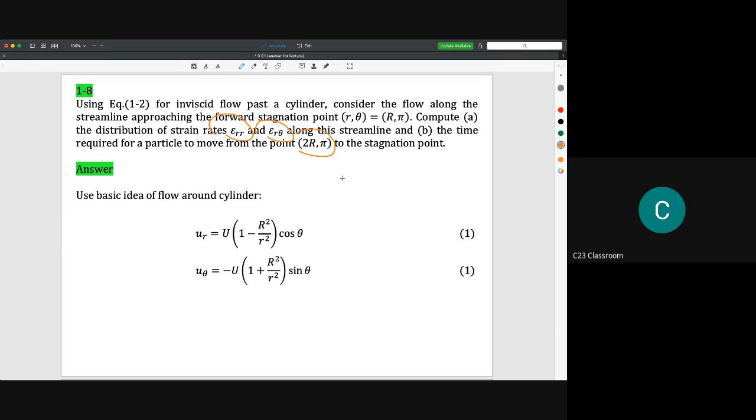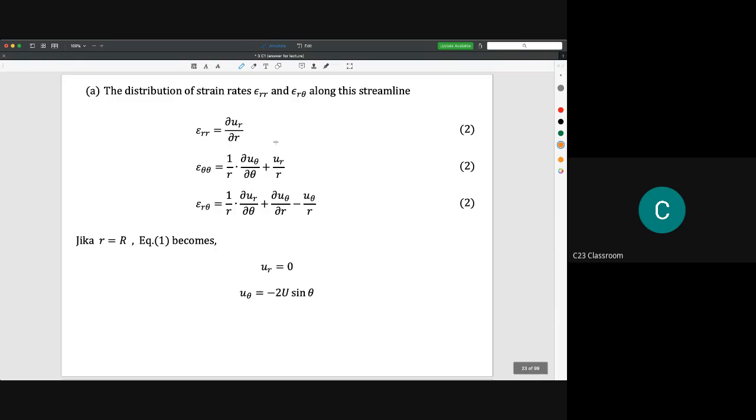In previous notes we know, from the basics of flow around a cylinder, we could get the values of UR and U theta here. I showed you the derivation of this one, and to get the strain rates epsilon RR and epsilon R theta, you could get it from the textbooks.